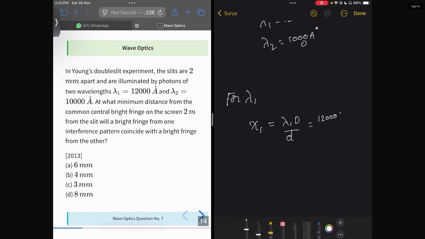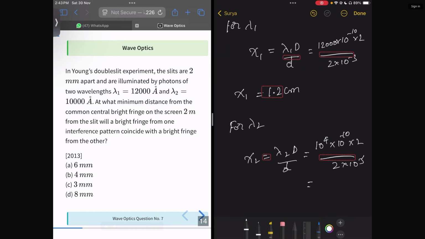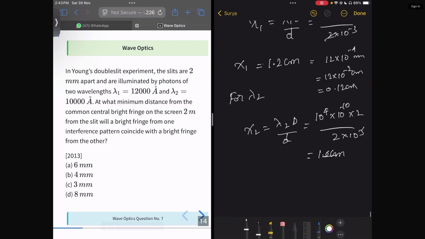Substituting 12,000 into 10 power minus 10 into 2 divided by 2 into 10 power minus 3, it will be 1.2 millimeter, that is 0.12 centimeter. For lambda 2, x2 is lambda 2 D by small d, which similarly comes to 1 millimeter, that is 0.1 centimeter.